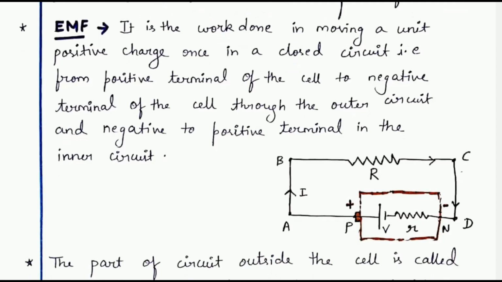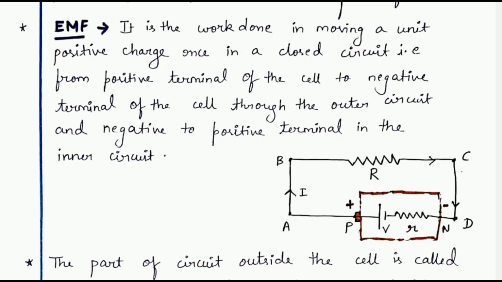If you can see the diagram, the red colored box represents an electric cell. It has two terminals, positive terminal and negative terminal. Many cells combine to form a battery.